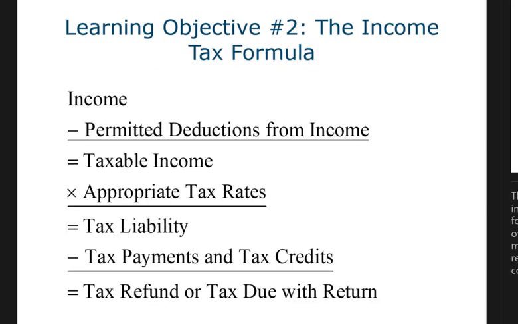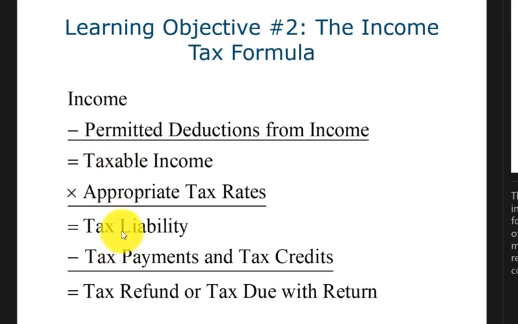So this is our income tax formula. To get to calculating our tax liability, of course we multiply by the tax rates, but before that we have to know our income. Then we subtract any permitted deductions from income to equal our taxable income.